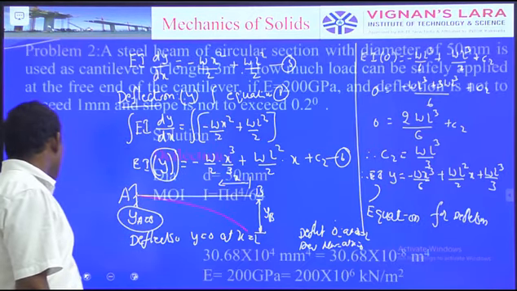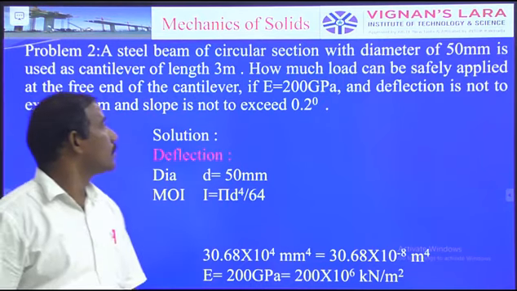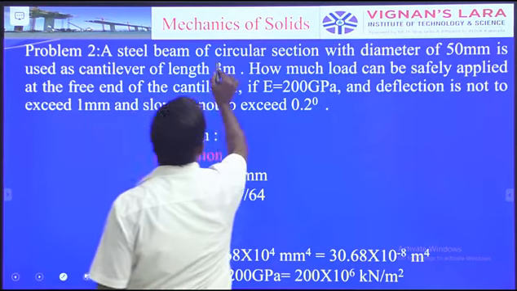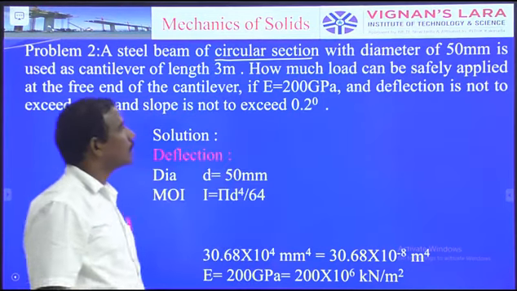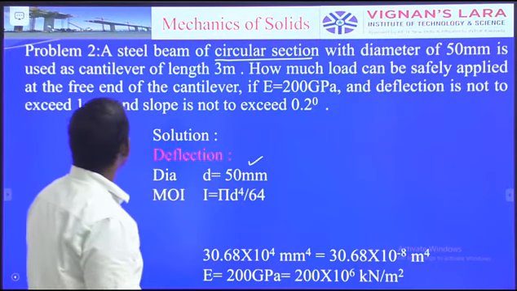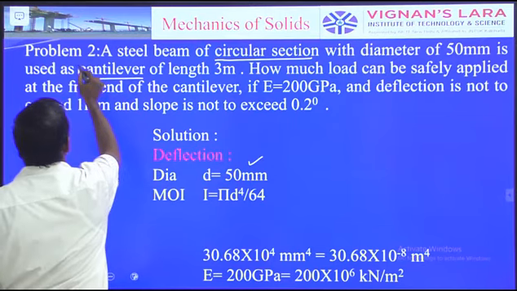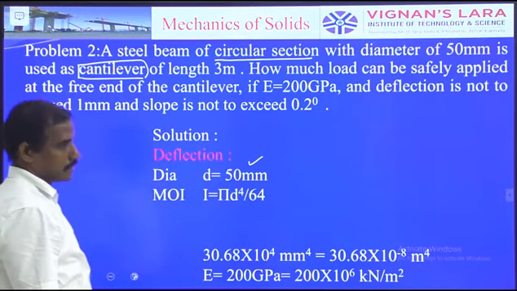Now let us see one more typical problem. A steel beam of circular section, where the cross section is very important, with a diameter of 50 mm, is used as a cantilever of length 3 meters.